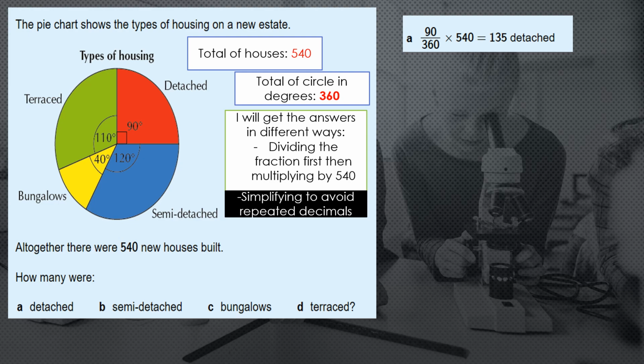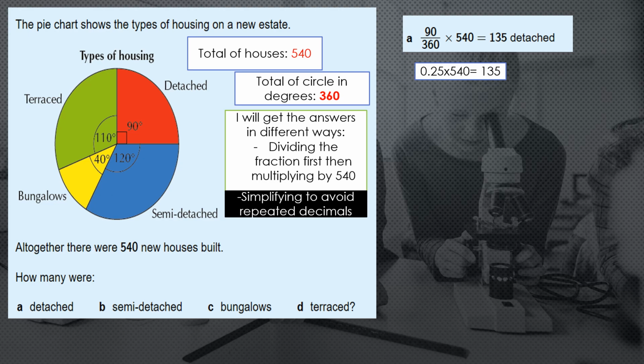You can say 90 over 360. When you simplify it, you get 1 over 4, which is 0.25, times 540 to get 135. Here 0.25 is a terminating decimal, so you can calculate it easily.